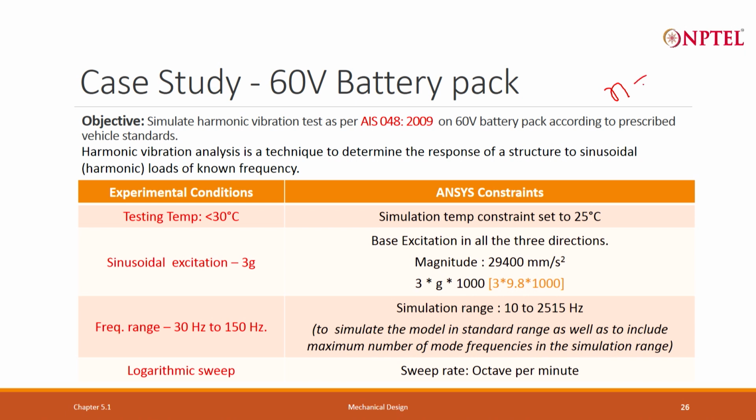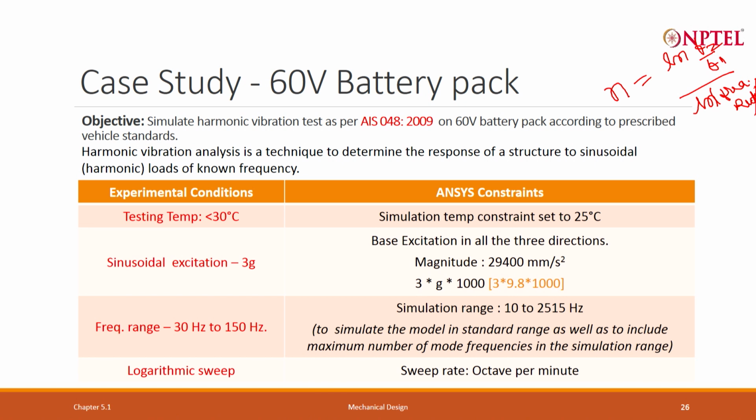octave number n is nothing but ln(f2 by f1) divided by ln(frequency ratio), where f2 is the upper frequency limit. What do we have as the upper frequency limit here? 150 hertz, and f1 is the lower frequency limit, 30 hertz.